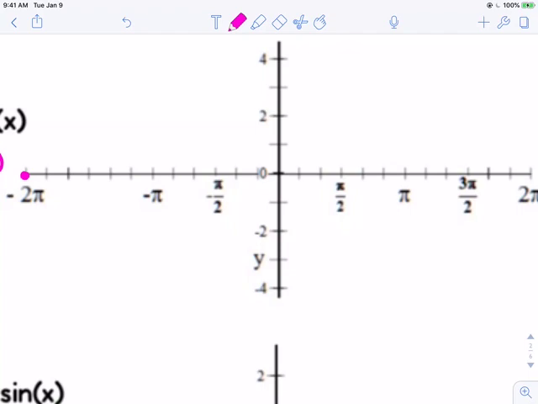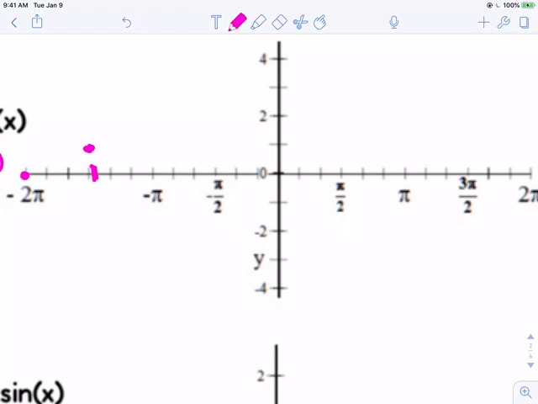How about negative 3 pi over 2? Let's take a look at the hand again. Negative 1 pi over 2, 2 pi over 2, 3 pi over 2. How tall am I? Sine of negative 3 pi over 2 gives me 1. Okay? So at negative 3 pi over 2, which looks to be about here, we should have 1.